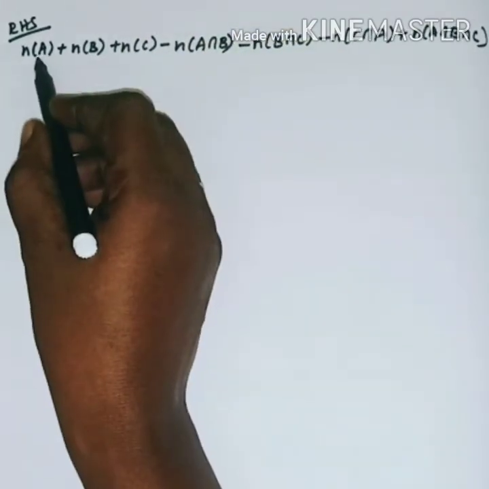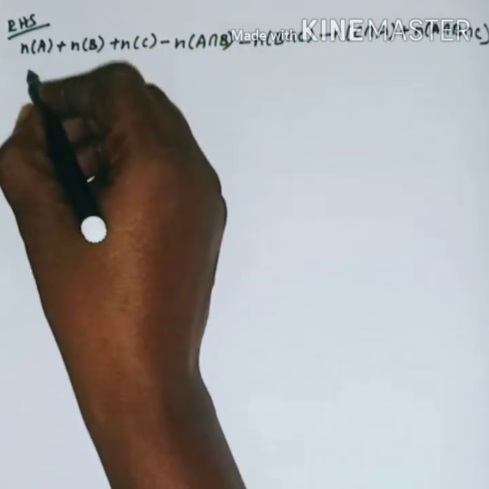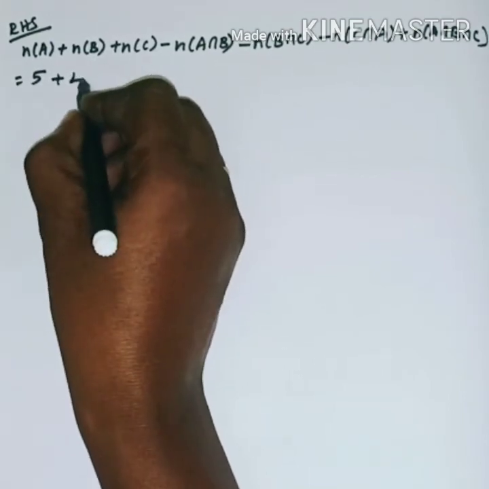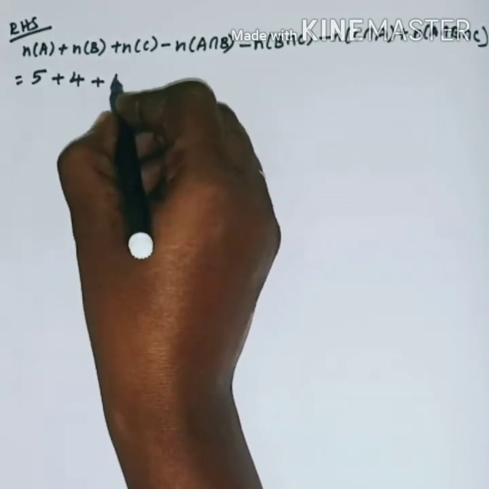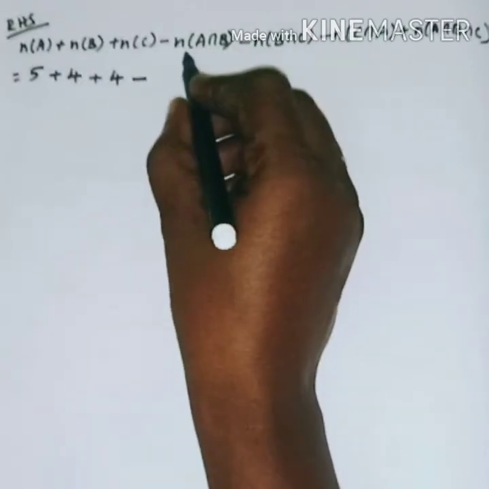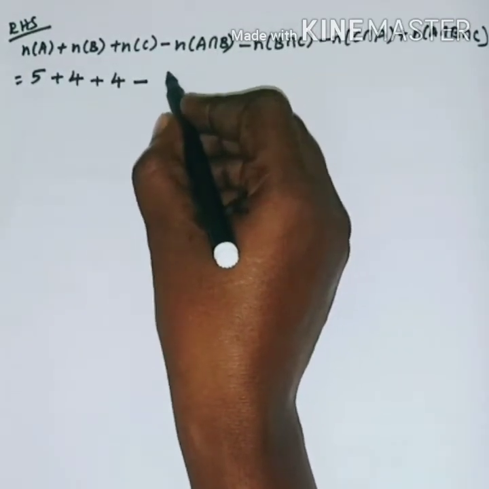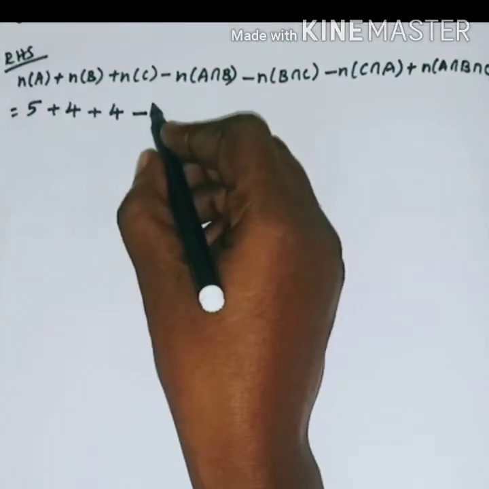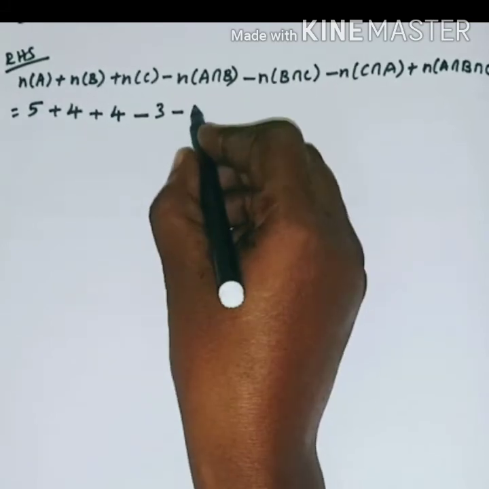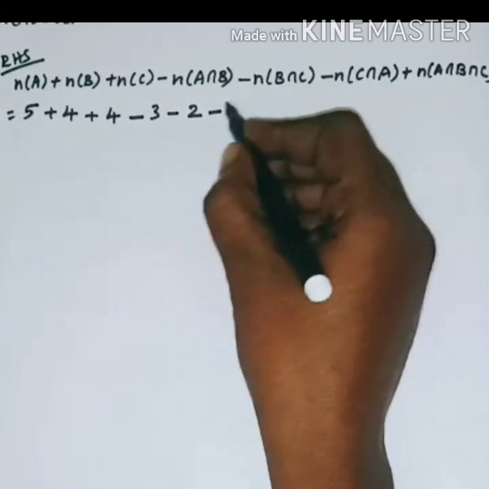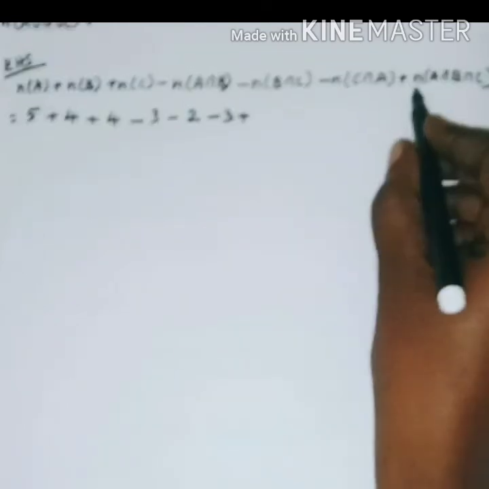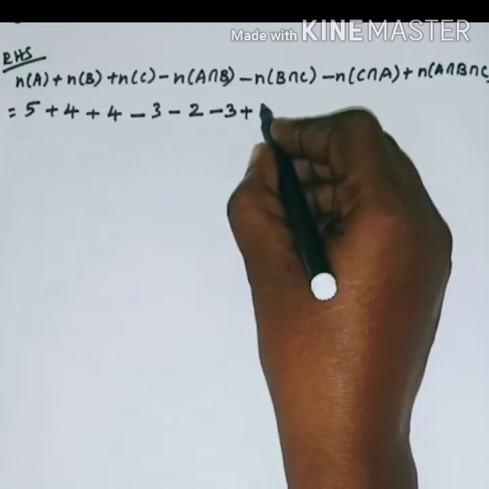We found the values: n of A is 5, n of B is 4, n of C is 4, minus n of A intersection B which is 3, B intersection C is 2, C intersection A is 3, plus n of A intersection B intersection C is 2.